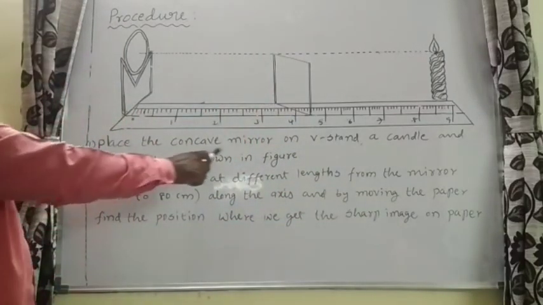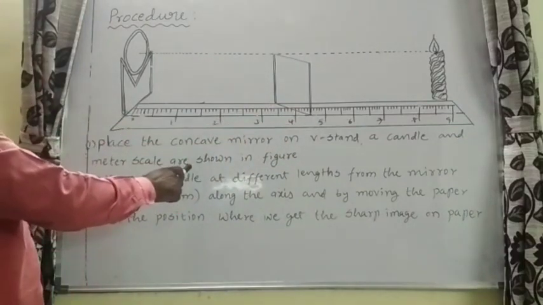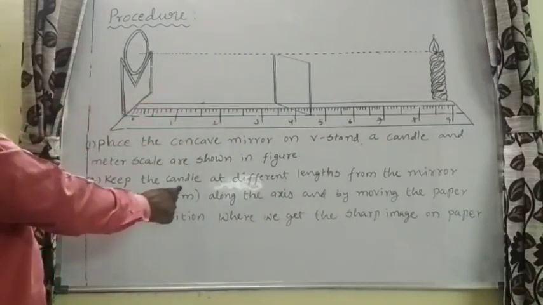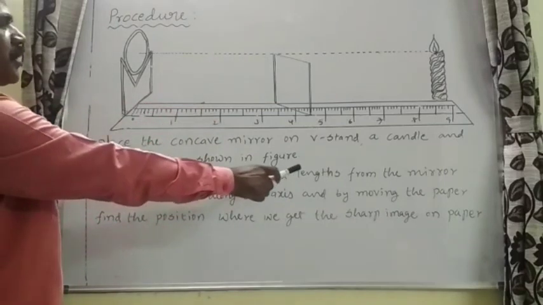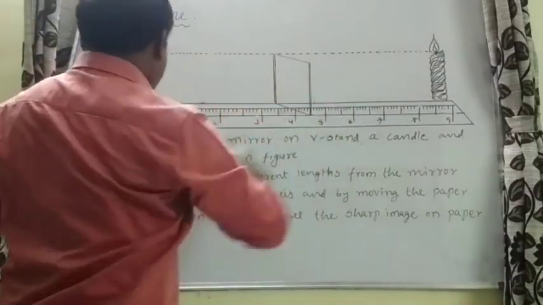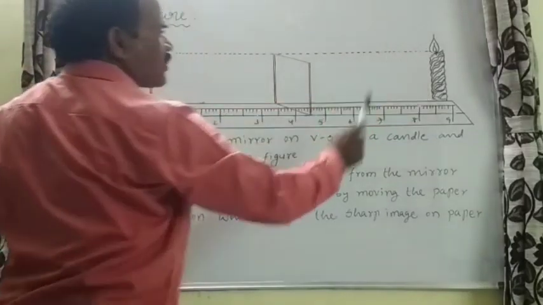Place the concave mirror on the V stand. A candle and meter scale are as shown in the figure. Keep the candle at different lengths from the mirror. First time, keep the candle at the 80 centimeter distance.